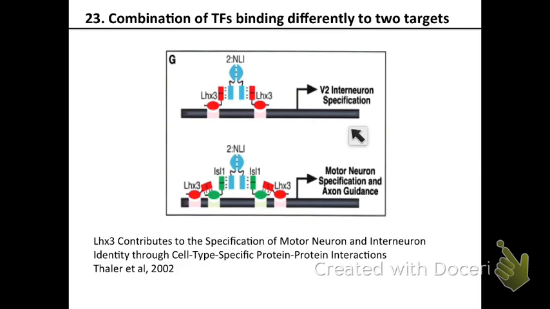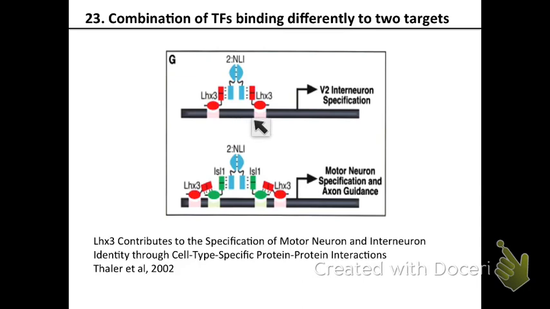In this example, we're looking at how the LHX3 gene, a transcription factor, controls the transcription of genes that are going to be specifically expressed in V2 interneurons versus motor neurons, okay? The genes that are going to be expressed in the V2 interneurons are going to have DNA elements in which the LHX3 binding sites, the binding sequences, are present at a stereotypic distance from each other.